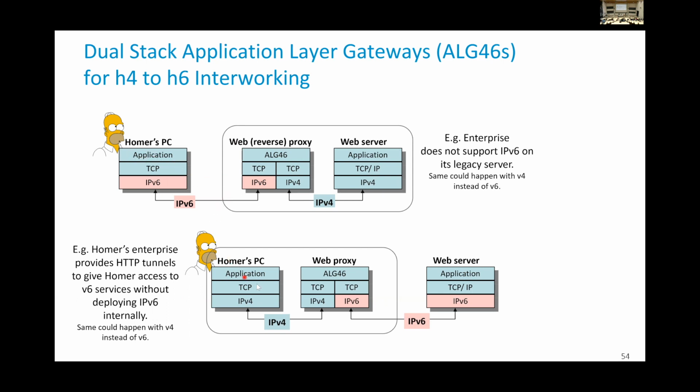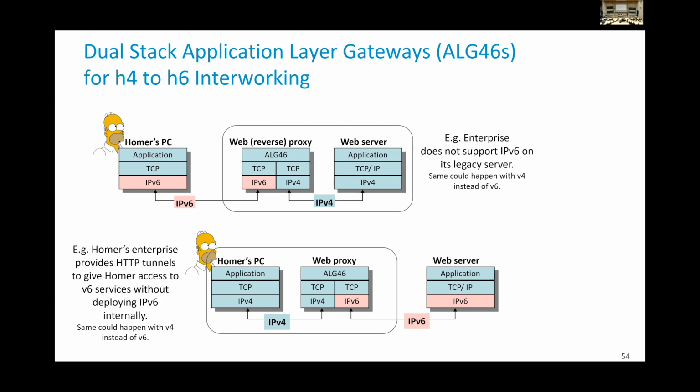So for example, if Homer is sitting on an IPv4 only device and it uses an enterprise that uses a web proxy to force people to go through the web proxy before surfing the web, then it will work perfectly if the device is IPv4 only. Because when we go at the layer of TCP, whatever layer was below is completely hidden.